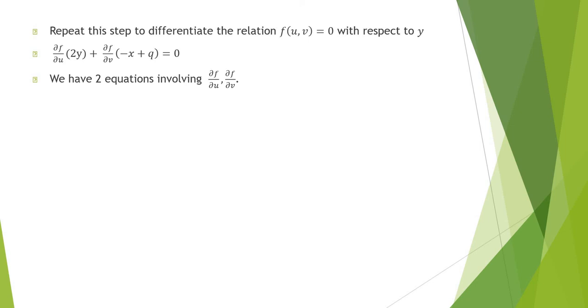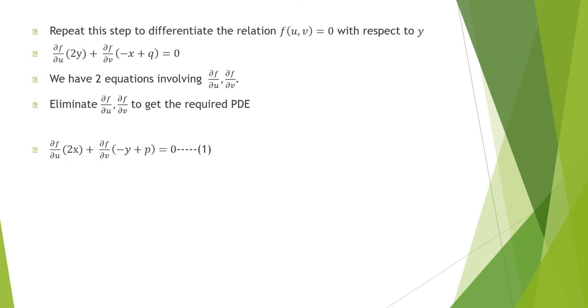So we have two equations involving ∂f/∂u and ∂f/∂v. Eliminate ∂f/∂u and ∂f/∂v and we'll get the required PDE. The equations are ∂f/∂u times 2x plus ∂f/∂v times (minus y plus p) equal to 0, and ∂f/∂u times 2y plus ∂f/∂v times (minus x plus q) equal to 0.